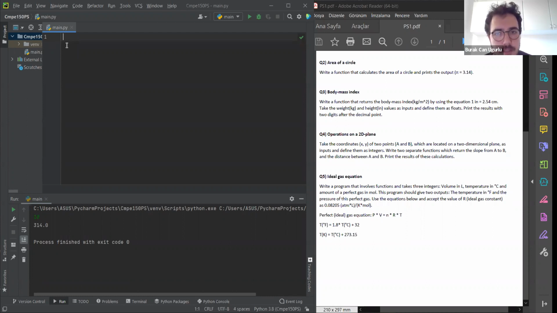The weight input is taken as a float in kilograms, and the height input is taken as a float in inches. And the result of this function should be printed with two digits after the decimal point.